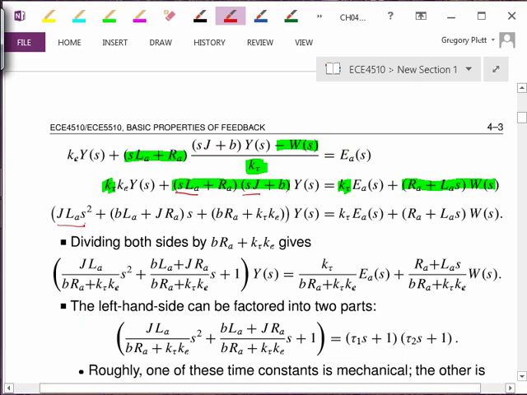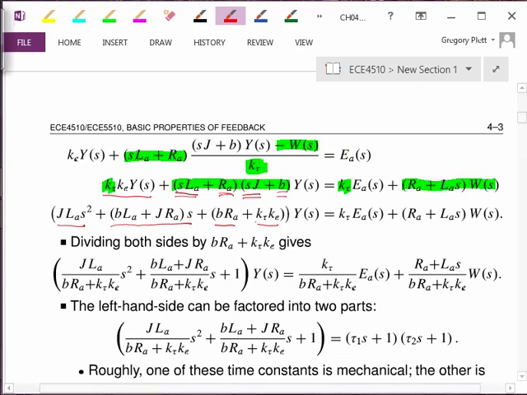And then I'm going to have SLA times B and Sj times Ra. And so those are here. Those are the terms multiplying S. And then I'm going to have Ra times B times Y, and also this K tau Ke times Y. So altogether we get that expression multiplying Y of S.